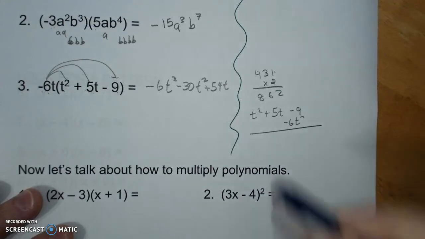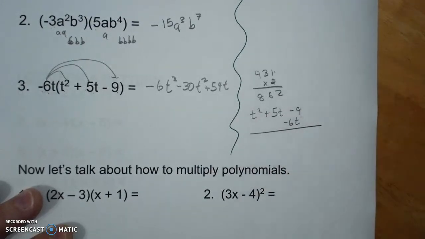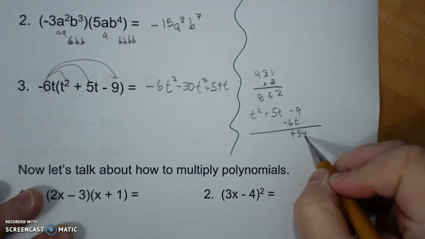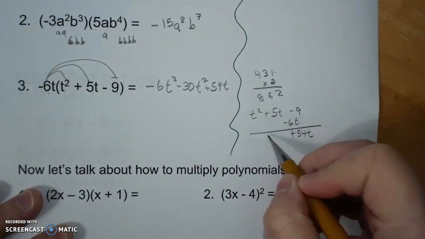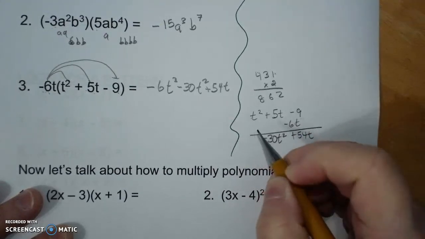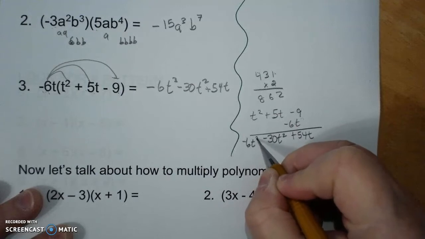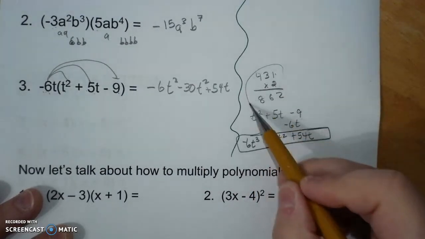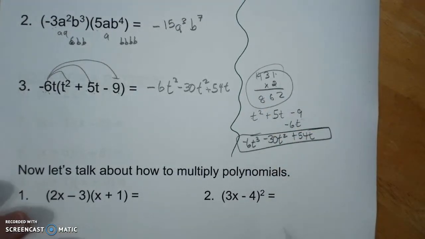There's not anything on there. And so it would be here times here, which is positive 54t. Here times here, which is negative 30t squared. And here times here, which is negative 6t to the third. I end up with the same answer. It's just I'm building off of this algorithm to do that.